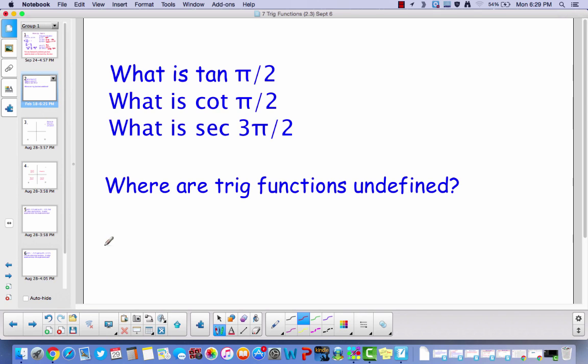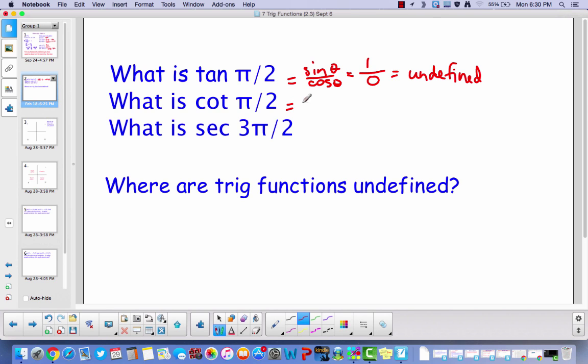Okay, where are the trig functions undefined? What is the tangent of pi over 2? Remember that tangent is sine over cosine, but the cosine of theta is 0 if our theta is pi over 2. So the tangent of this is undefined. Cotangent of pi over 2.